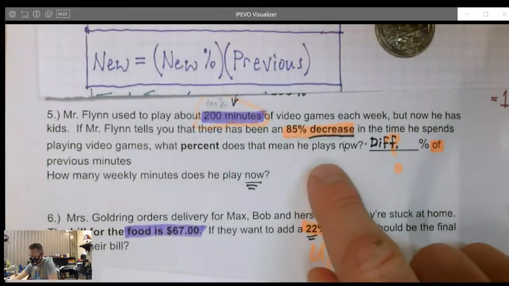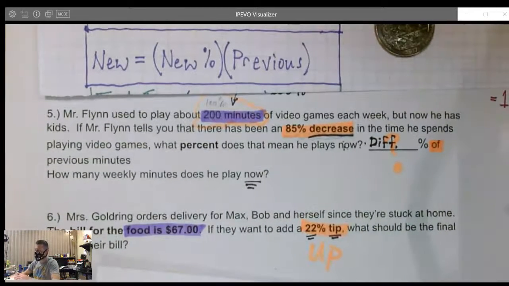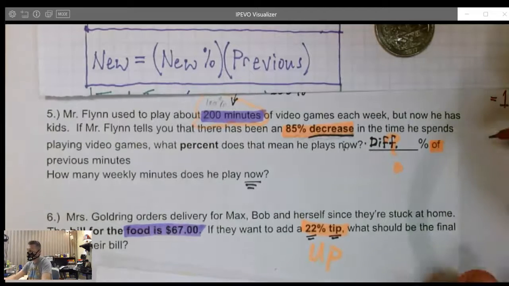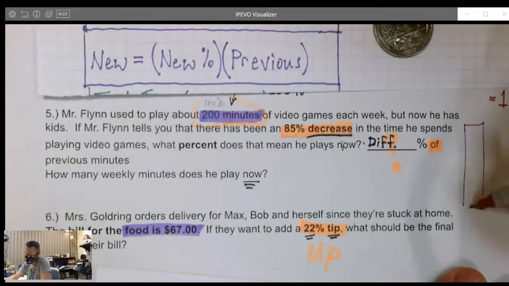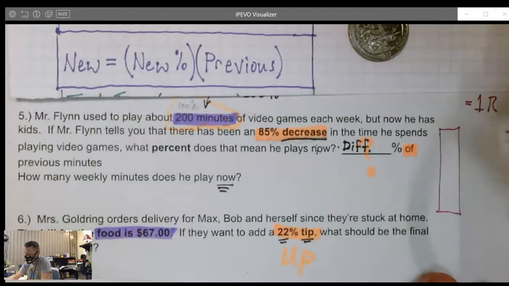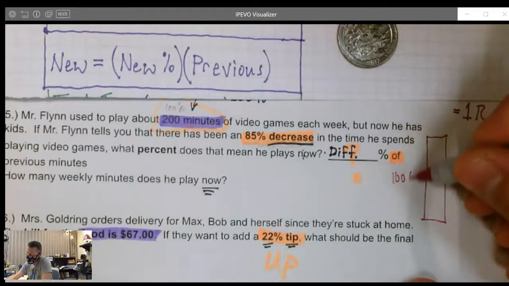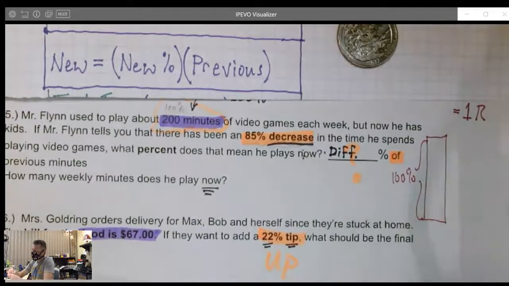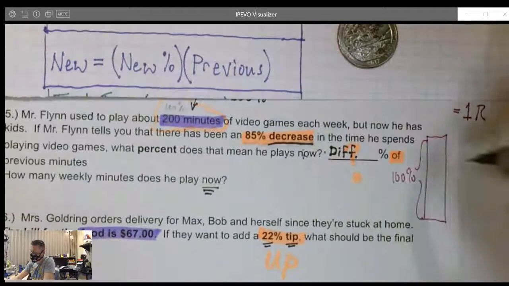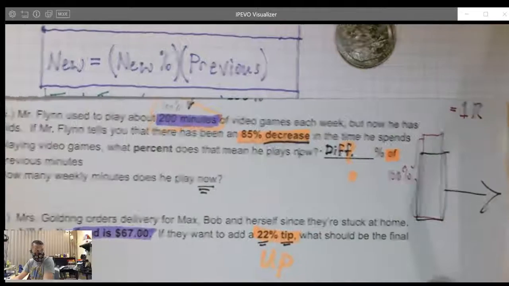Yeah, so we had a certain amount of time that Mr. Flynn used to play video games. And let's say this is the amount of time, right? This was our 100%. Because Mr. Flynn has kids now, we take away, reduce, or decrease 85% of it. It's gone, right?